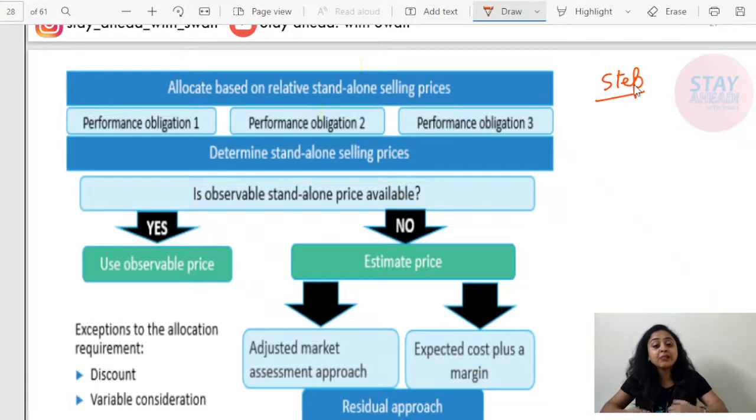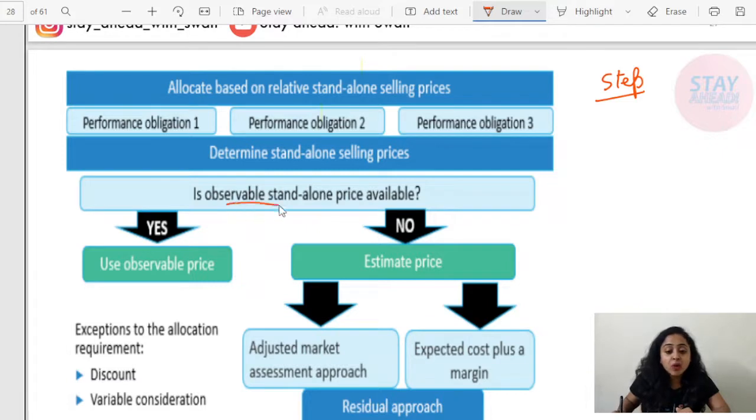It can be done in multiple ways. When there is more than one performance obligation, the transaction price will be allocated to all the performance obligations. How? There are multiple ways.